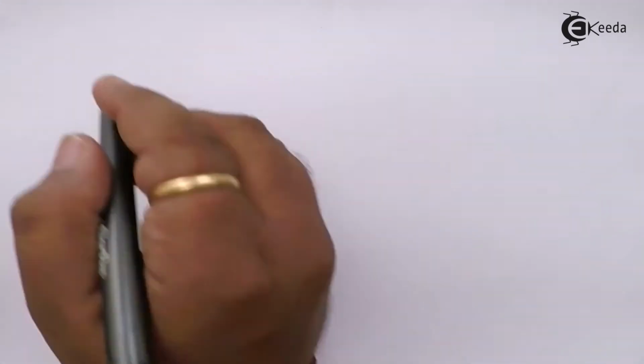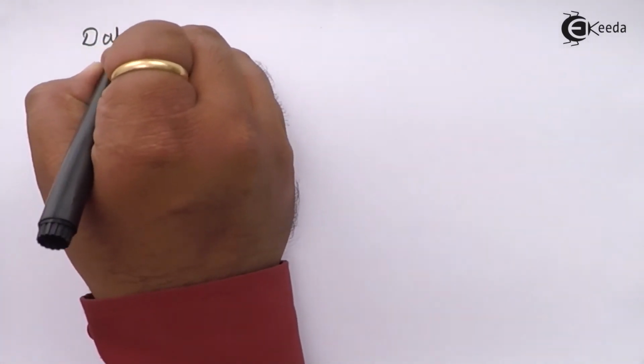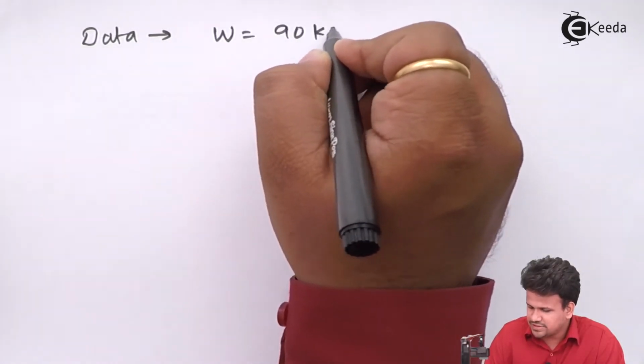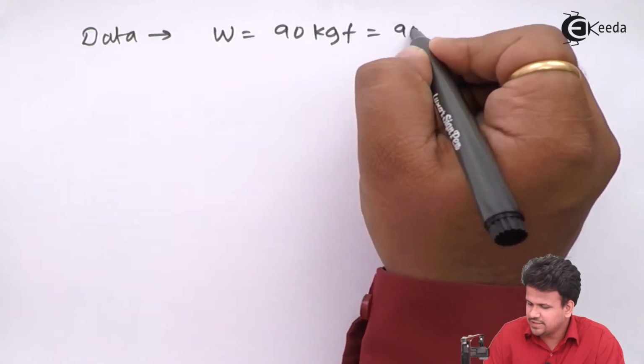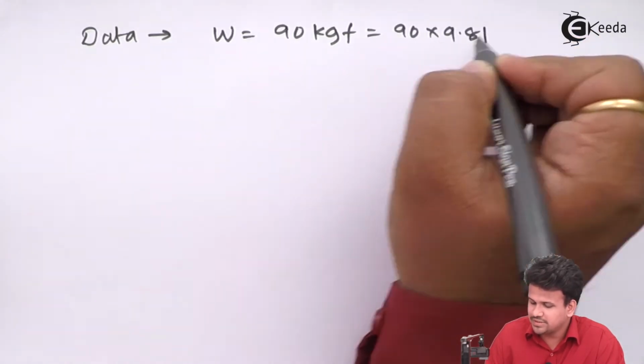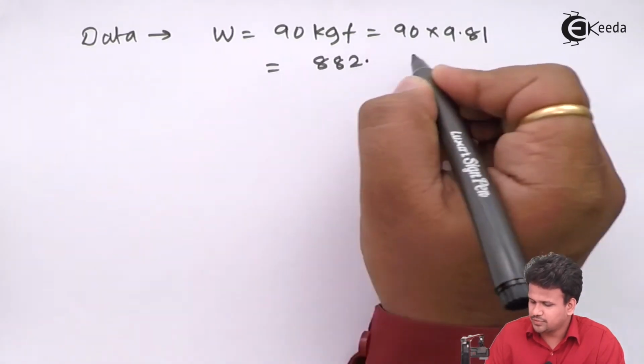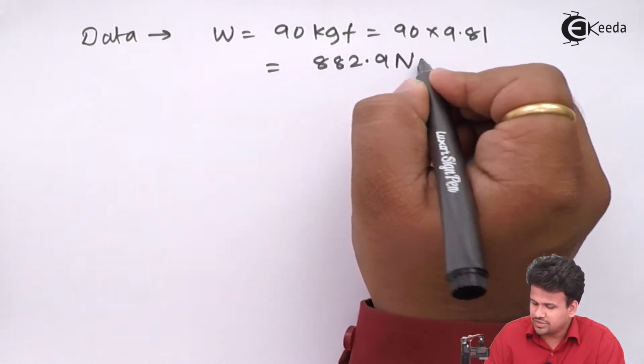What is given to us over here is the weight, equal to 90 kgf, that is 90 into 9.81, which will be 882.9 Newton.